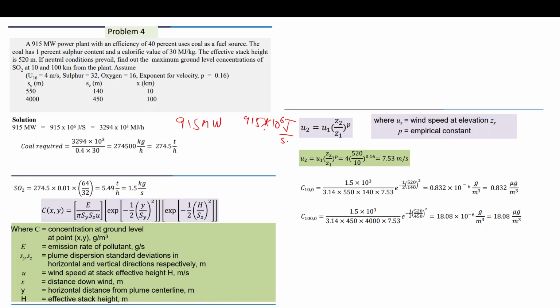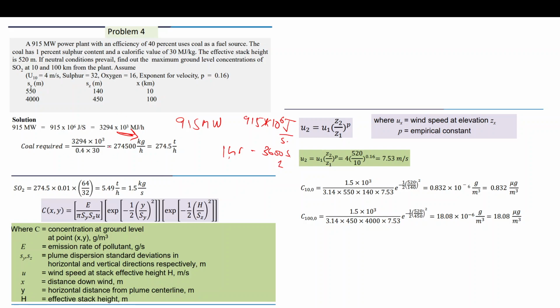Now, if you convert it to per hour, 1 hour has 3600 seconds. So 1 second is 1 by 3600 hour. So do that. You will have this much megajoules per hour.